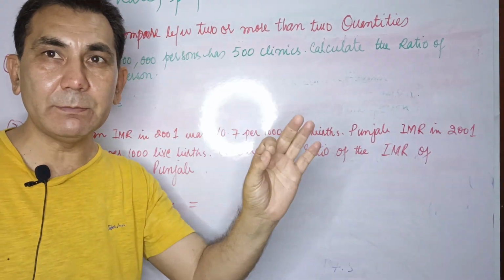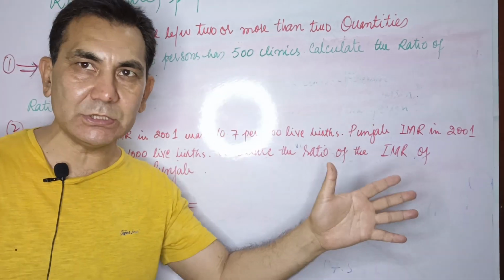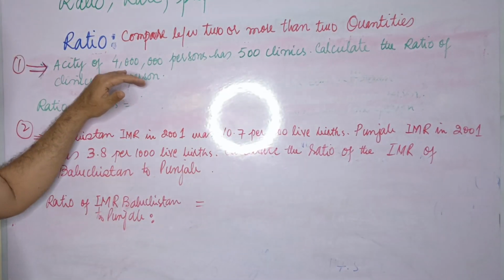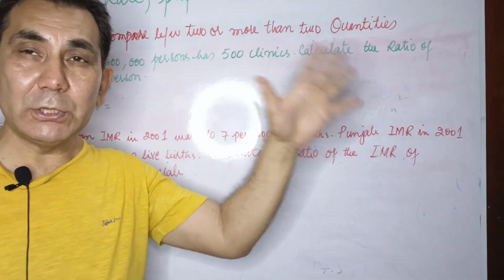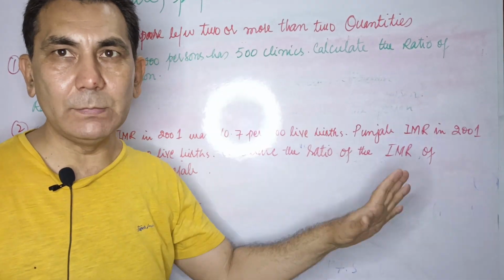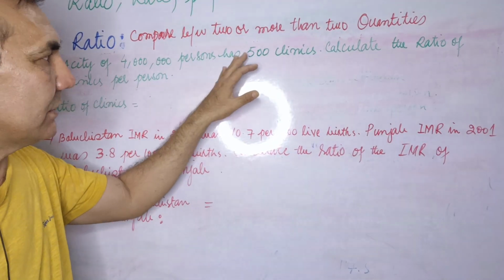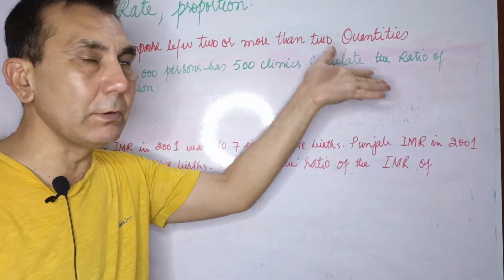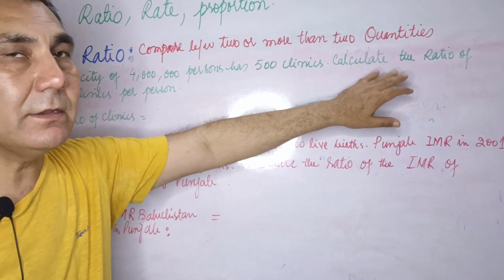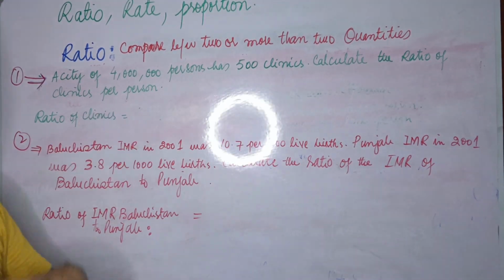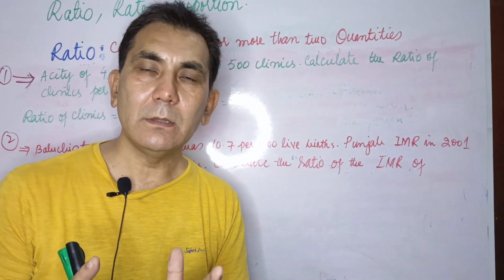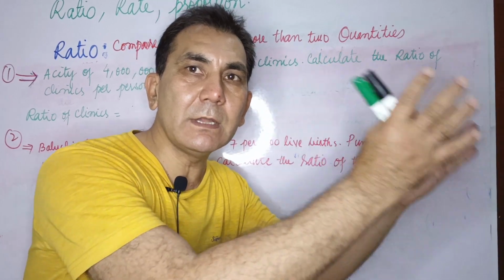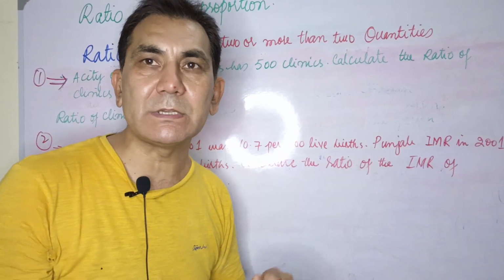Suppose the population of that city is 4 million, and 500 clinics are available there. So calculate the ratio of clinics per person. How many clinics will come up per person in that particular city?